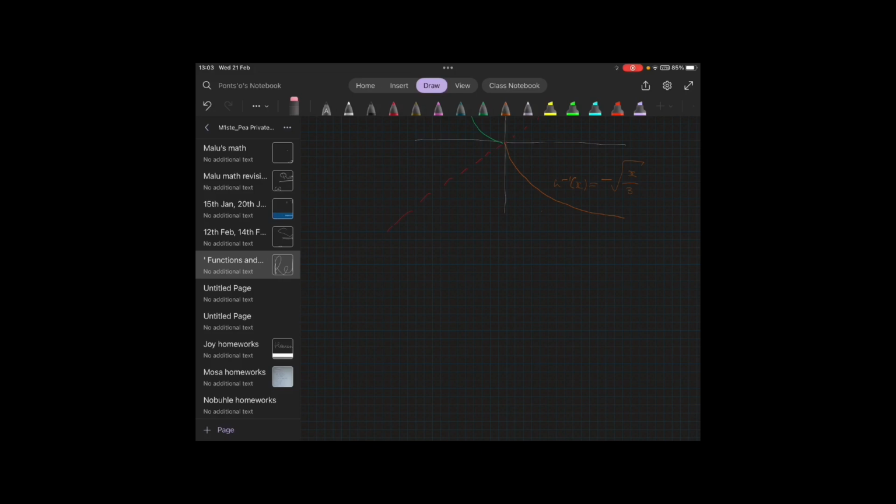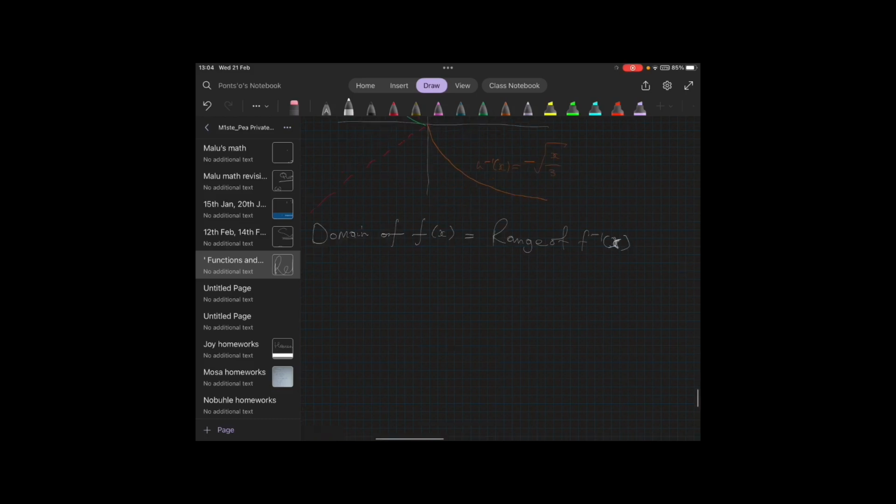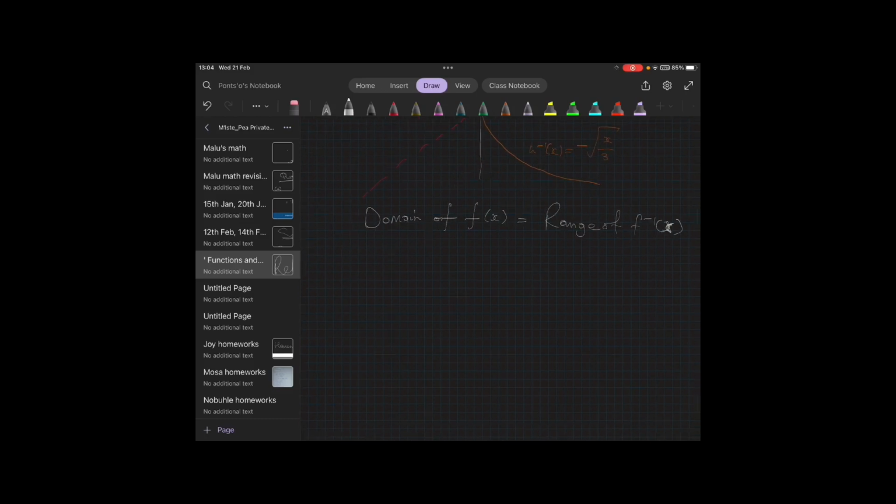Okay, and this is interesting. So the domain of a function equals the range of its inverse. Let's write that down. Yes, because you saw x becomes y and y becomes x. That's why the range and domain are pretty much the same. Alright. I like that.